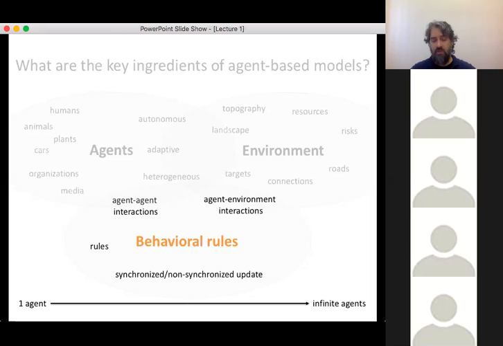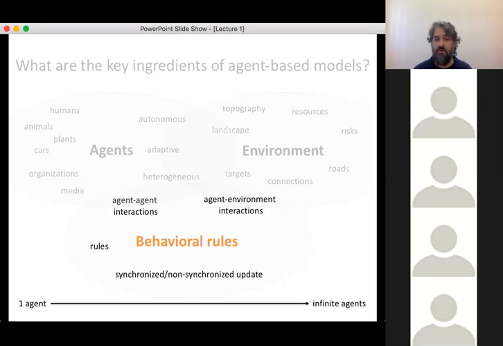So you have a snapshot of your system, and all agents use the knowledge of this snapshot to update their state. That's synchronized. Non-synchronized means that each agent updates itself at a different time. For example, you could go in a round robin across all the agents and update each one of them, and this means that they are not all synchronized.